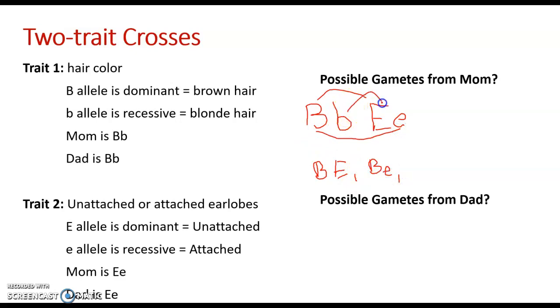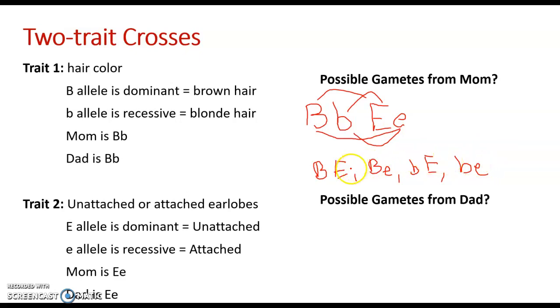I stands for inside, little b, big E. And last, L stands for last, little b, little e. And then in this example, dad is also heterozygous for both traits. So you'd only have to perform the FOIL method one time to determine those gametes.